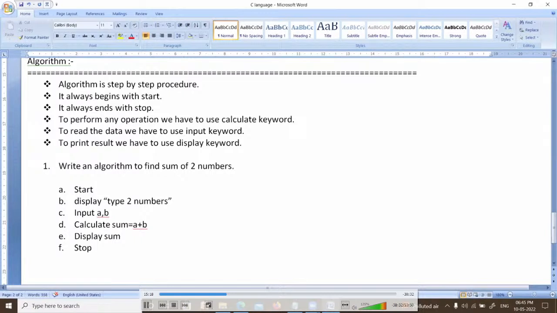Now on the keyboard you can see 1, 2, 3, 4 and so on. When you press 1 and 0, it becomes 10. When you press 1, 2, 5, it becomes 125. All these are known as numbers. In C language, those are called integers.